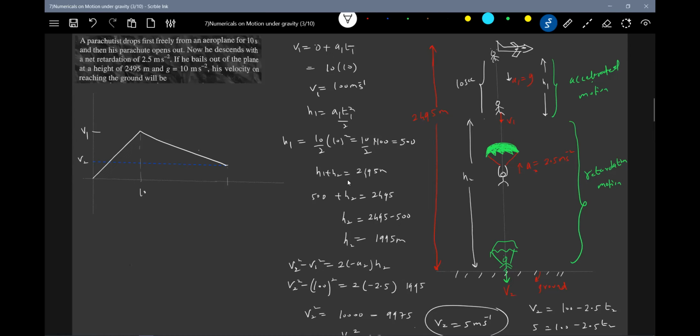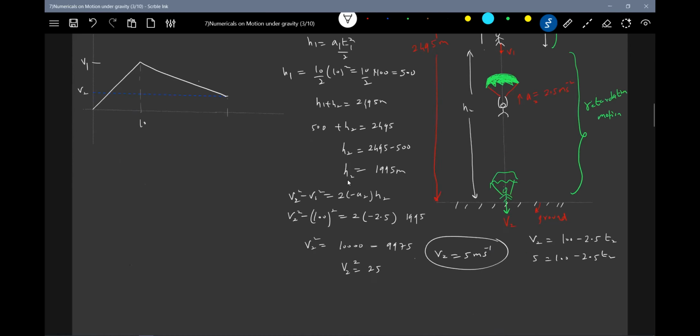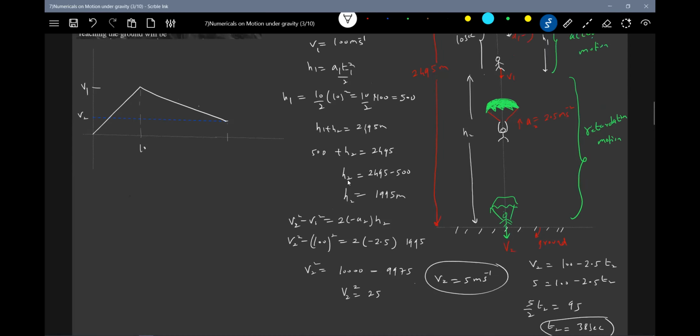So we'll get the time taken for the person with parachute open, how much time will descend here. So this will become 5 by 2 T2 equals 95, T2 equals 19 into 2, 38 seconds. For 38 seconds, it will undergo retardation.